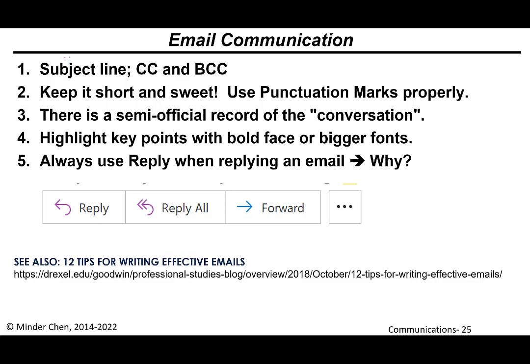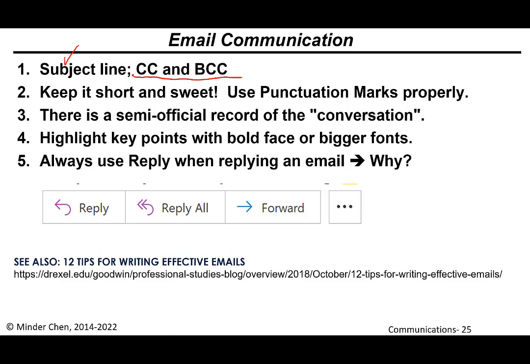First of all, the email has a subject line. Make sure you have a short and sweet and concise subject line indicating the essence of this email message. And include people who should be included in the carbon copy field, and certainly if the message is specifically for several people, they are in the To field.